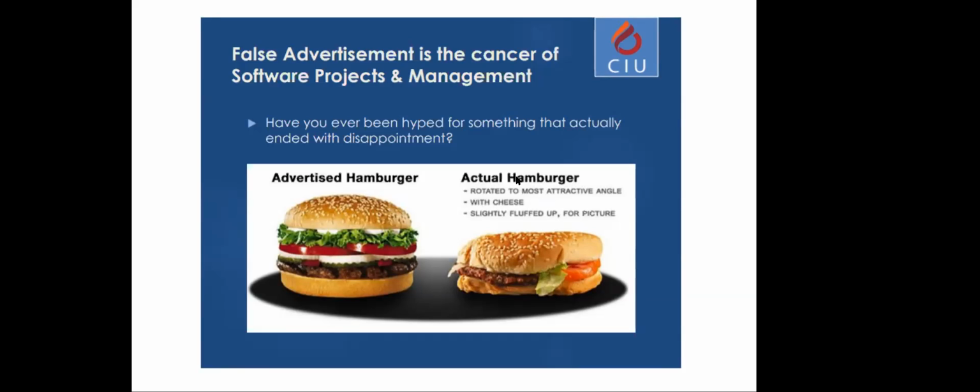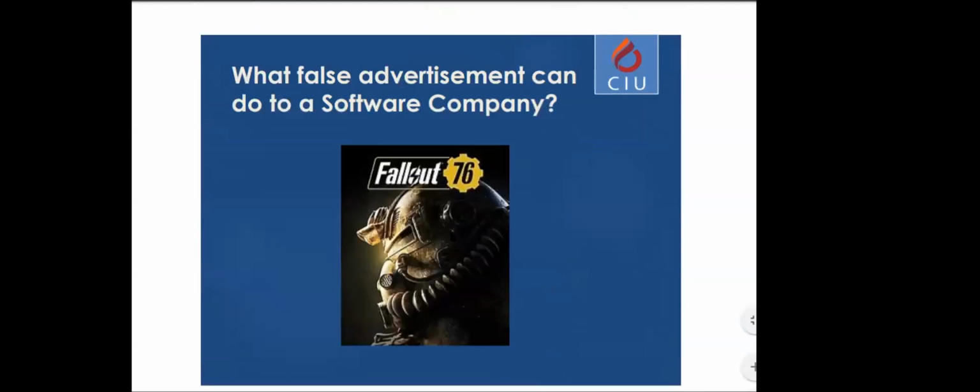It's like seeing something on the menu of a restaurant and it looks beautiful, charming, delicious, and when you actually order it, it has nothing to do with what you saw. That we call false advertisement. Like I said, it happens quite a lot in our industry.